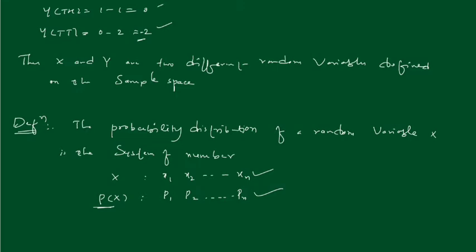So let's see an example. Based on this, we can conclude very easily what is probability distribution.